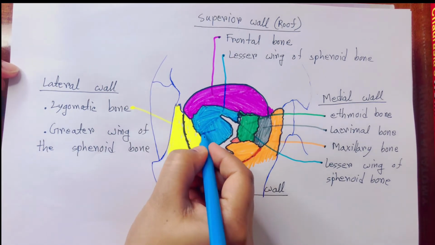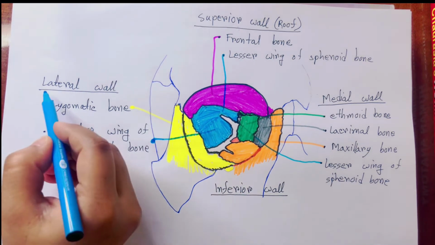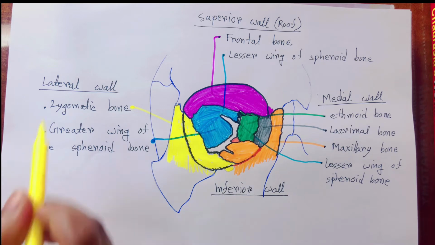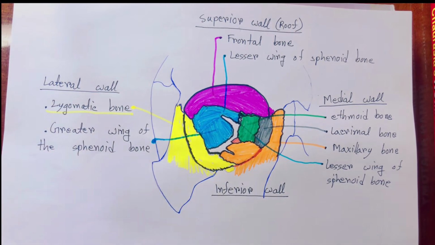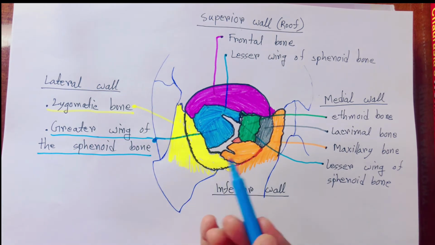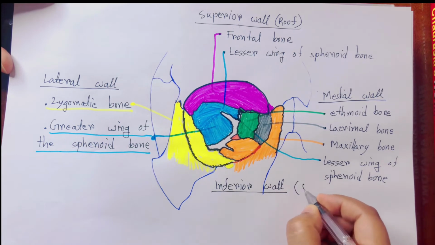So this is the greater wing of sphenoid bone. So our lateral wall is made up by 2 bones, zygomatic bone anteriorly, then greater wing of sphenoid bone posteriorly.